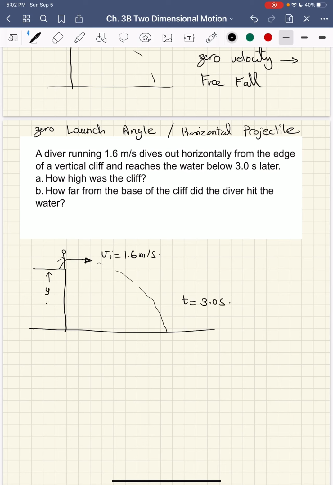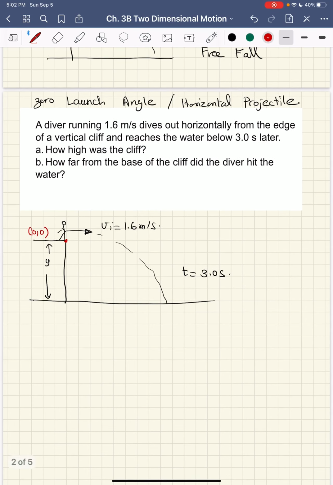Now, this is here my y. I usually use my initial y and my initial x to be 0. Now, they are asking about the first one, how high was the cliff?